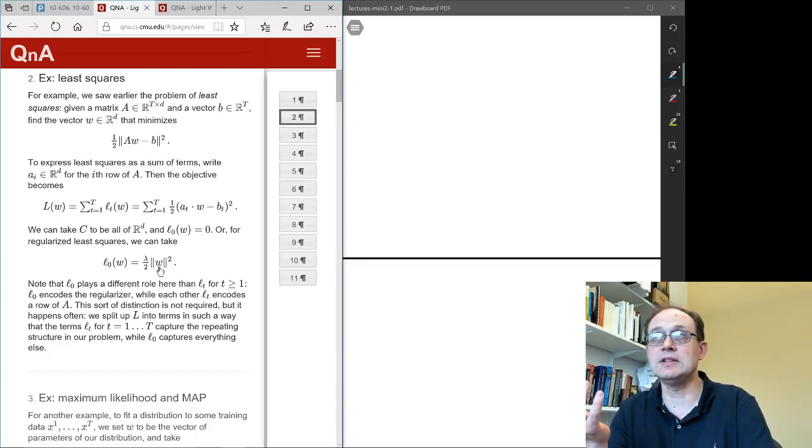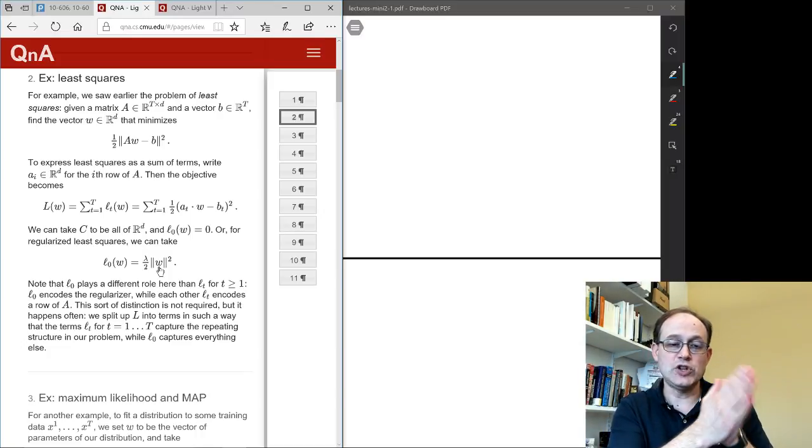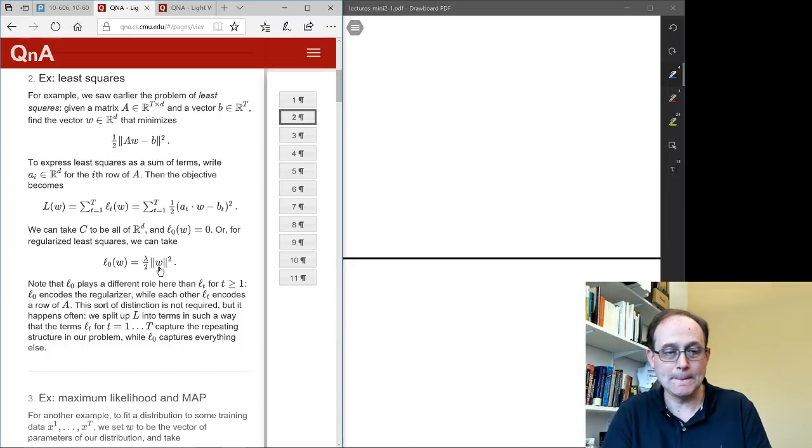A lot of times in this sum of terms form, we have this distinction between stuff that is general across the entire problem, that goes into L0, and stuff that is one per data item, for example, one per sample from a probability distribution, or one per row of the matrix A. That's not required, but it's a common form of an optimization problem in machine learning.